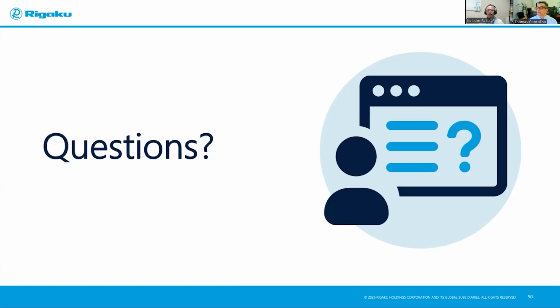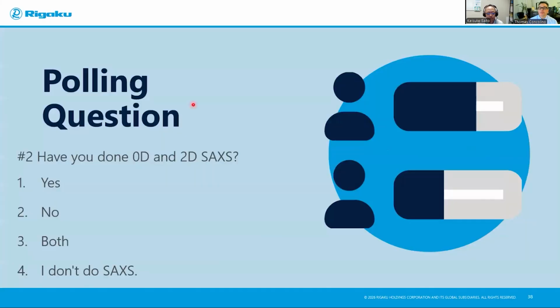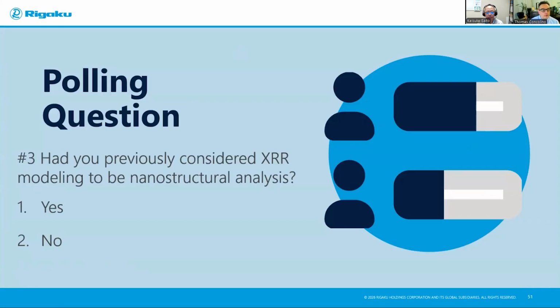Okay. All right, let's move on to our final poll question here. And this one's fairly simple. Have you previously considered reflectivity modeling to be nanostructural analysis? I never thought of it. I always think of it as density, smoothness, roughness. But when you think about what it really is, it is nanostructures. Actually, interesting here, Keisuke: of the group that's answered, three-quarters had never really thought of it that way.